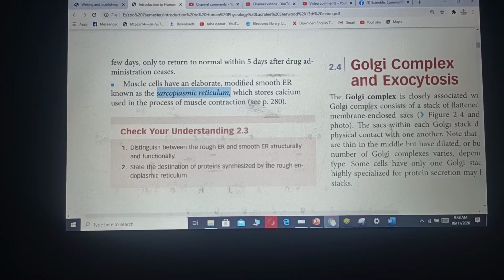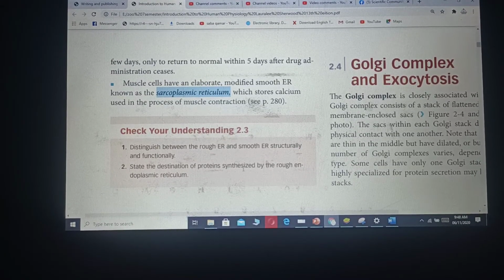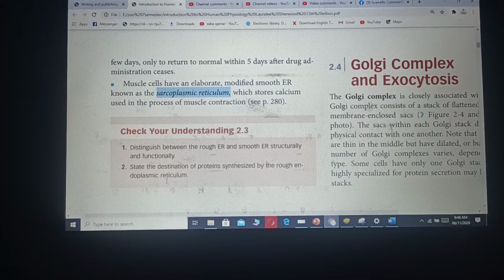the second question is, state the destination of the protein synthesized by the rough endoplasmic reticulum.